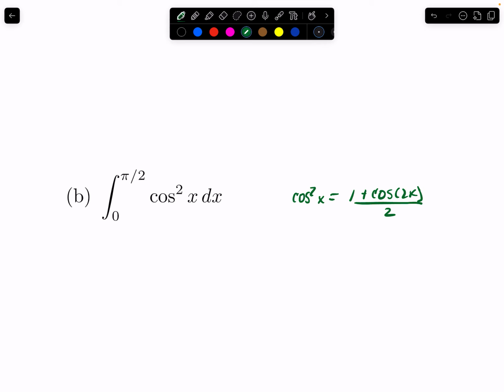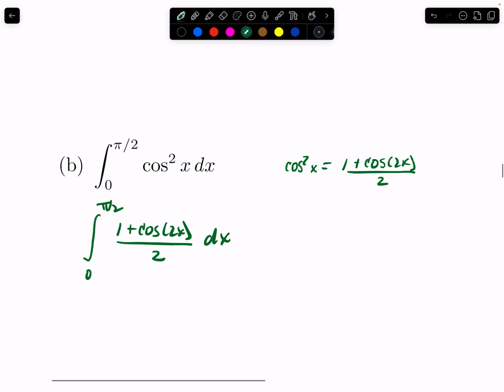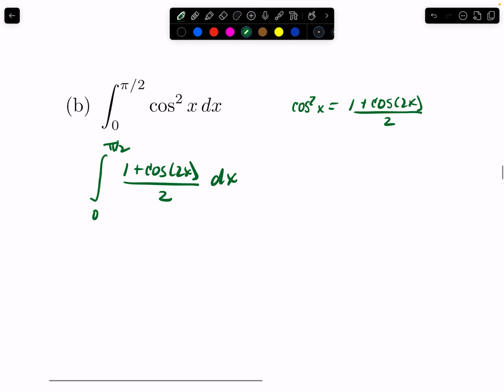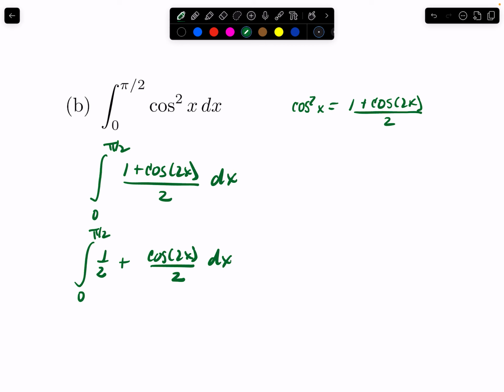So if we replace this, this becomes 1 plus cosine of 2x all over 2 dx. We're going to go from 0 to pi over 2. Well, now we just have to split this up. So really we have 1/2 plus cosine of 2x over 2 dx, still 0 to pi over 2.